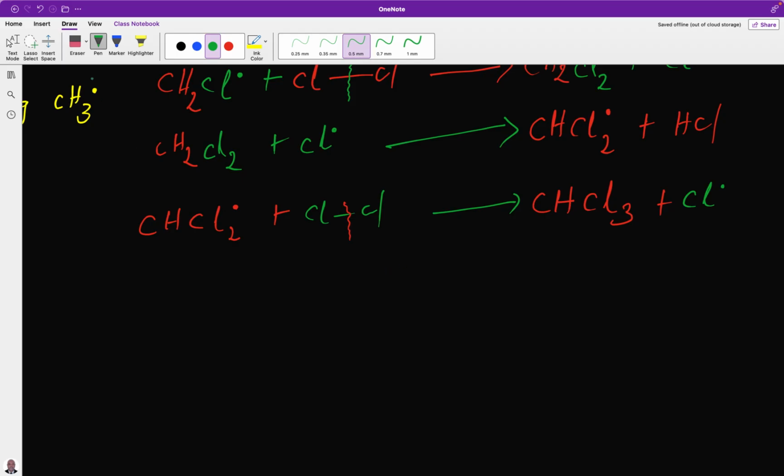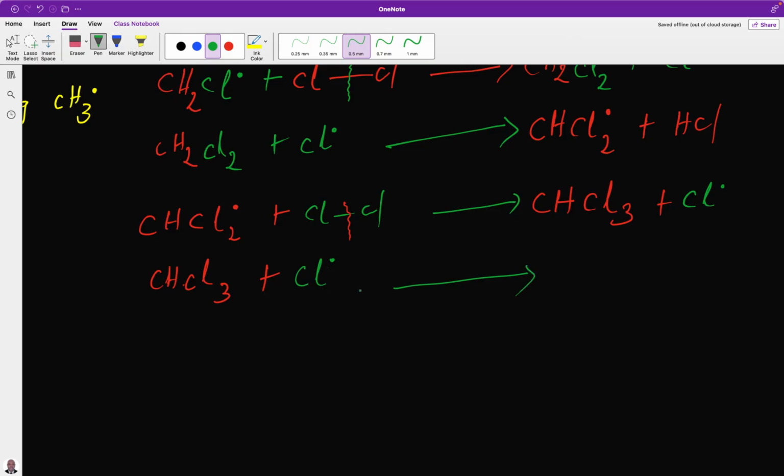So we say the CHCl3 plus the chlorine free radical, what will be the result?